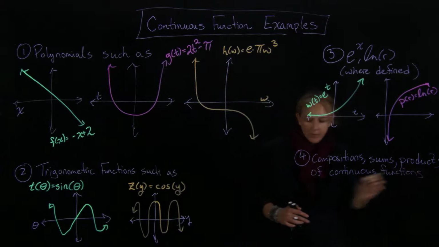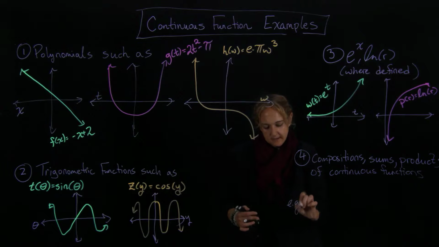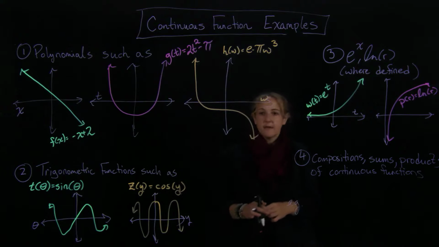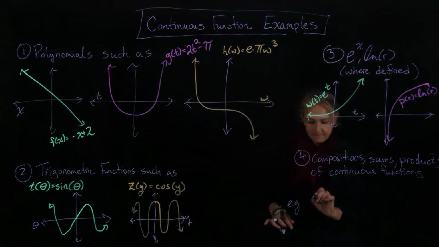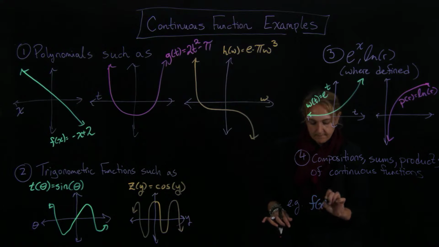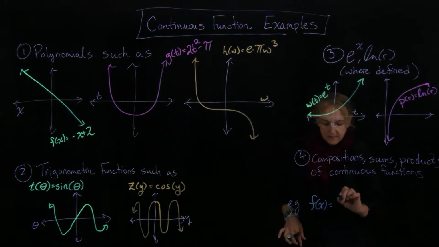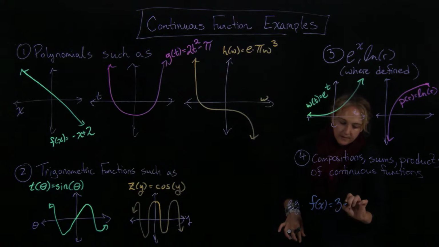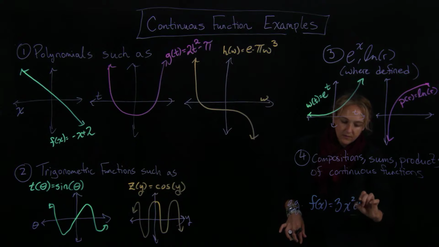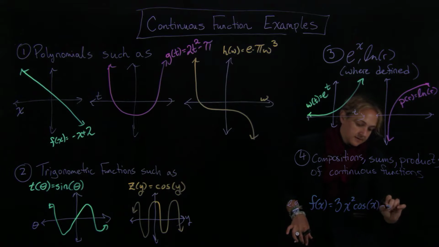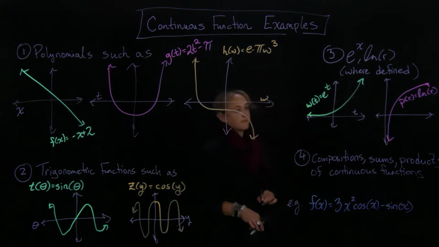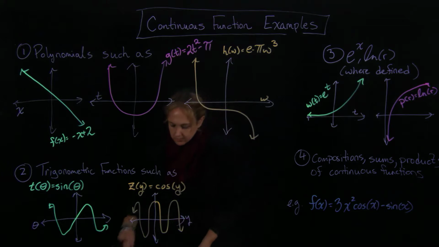So for example, I could take my f of x to equal 3x squared cosine of x minus sine of x.